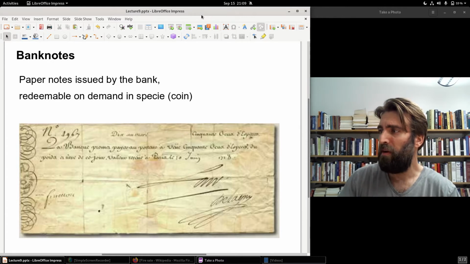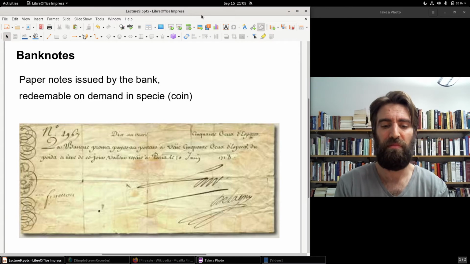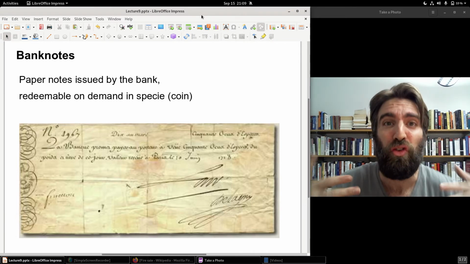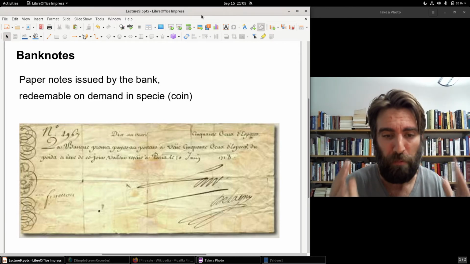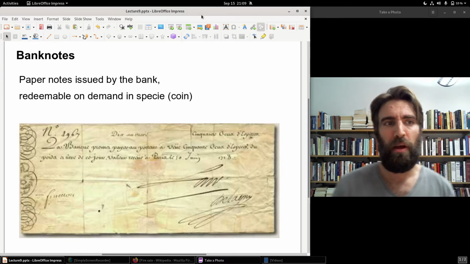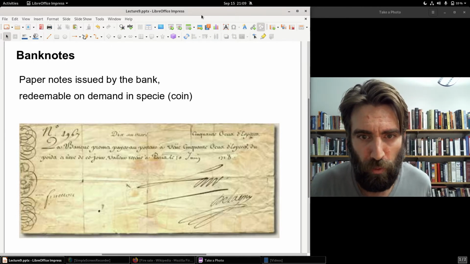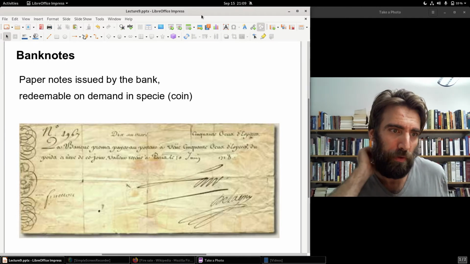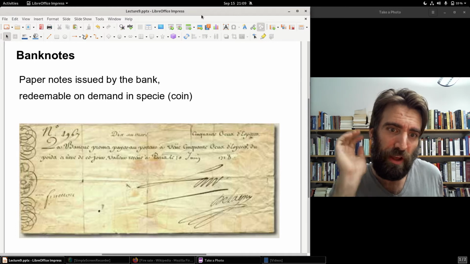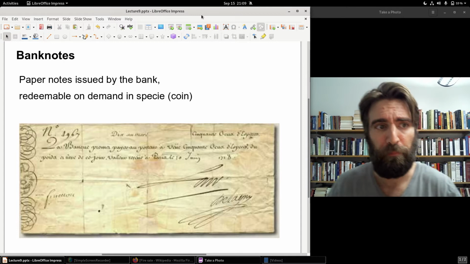But this is really the first paper note truly issued by a bank proper. A banknote is a paper note. Here you see an early one. I was trying to find an earlier one and I couldn't. In the early days, banknotes were actually written out, not printed.